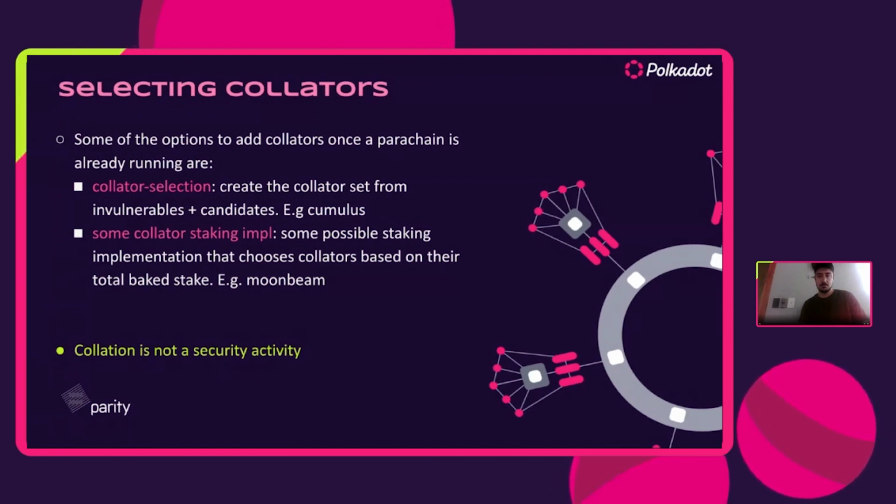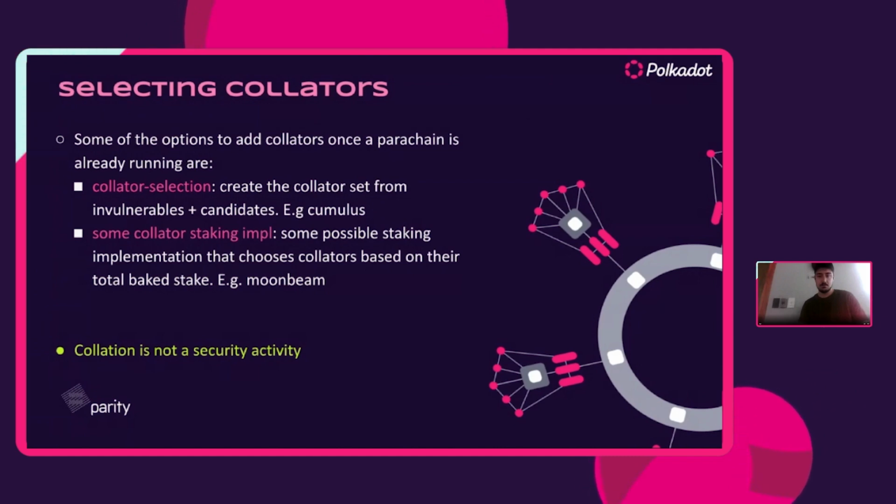And I cannot pass to the next slide without mentioning that collation is not a security activity. For instance, with the staking going on in the relay chain, all the validators there are doing a security activity. They are securing the network in different ways, economically and by having a distributed validator set. But on the collators' part, that's not happening.